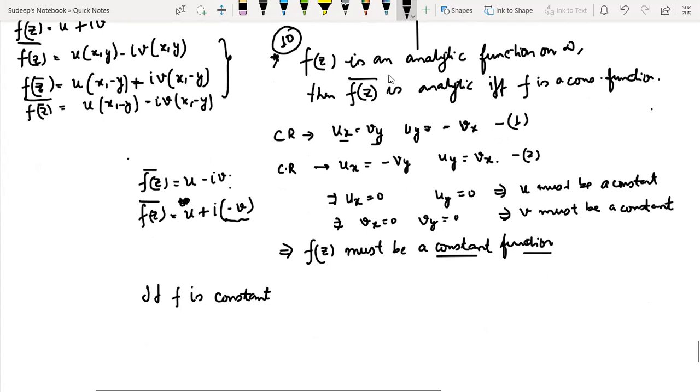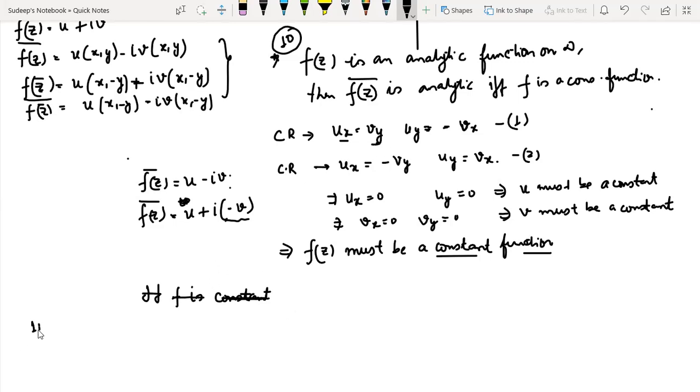I mean, this side I have proven that if f(z) is an analytic function, then f(z) bar is analytic if and only if f is a constant function. If I take f as a constant function and f(z) as an analytic function, then I'm leaving it to you to prove that f(z) bar would be an analytic function. I think that's quite easy to see, so I'm not doing it. I think that you can do it on your own because I have two more results to prove. So I hope this is something that you can do.